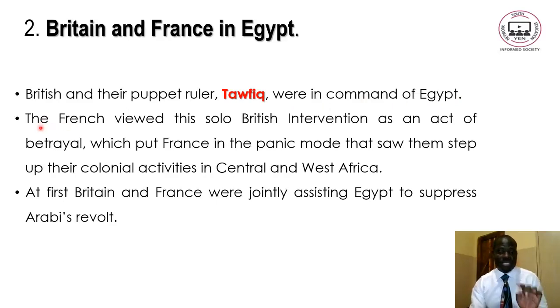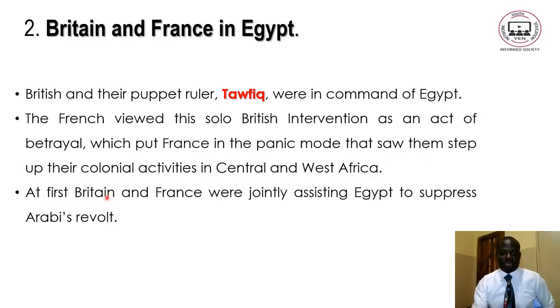Which means that the British put a ruler in Egypt, so indirectly they were the ones ruling or taking charge of Egypt. The French viewed this solo British intervention as an act of betrayal, which put France in panic mode, and that saw them step up their colonial activities in Central and West Africa.